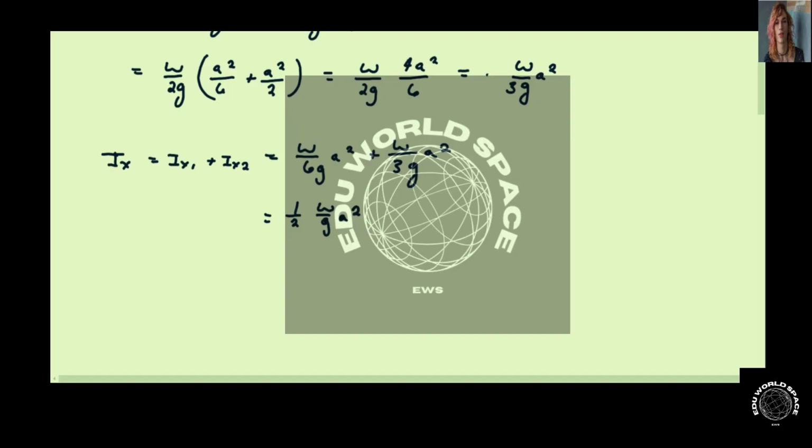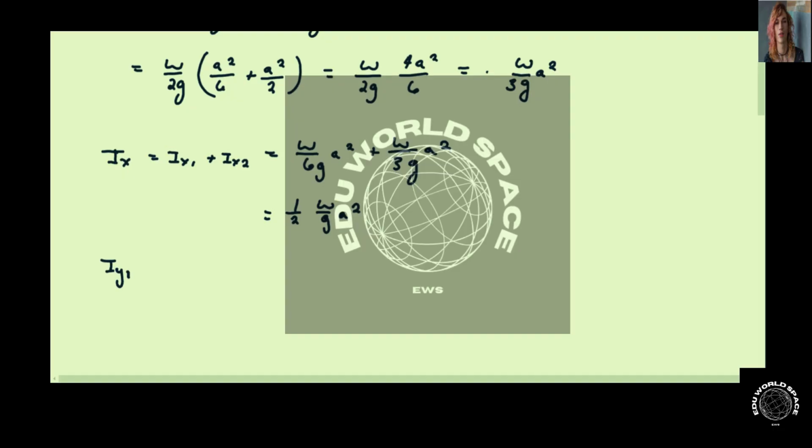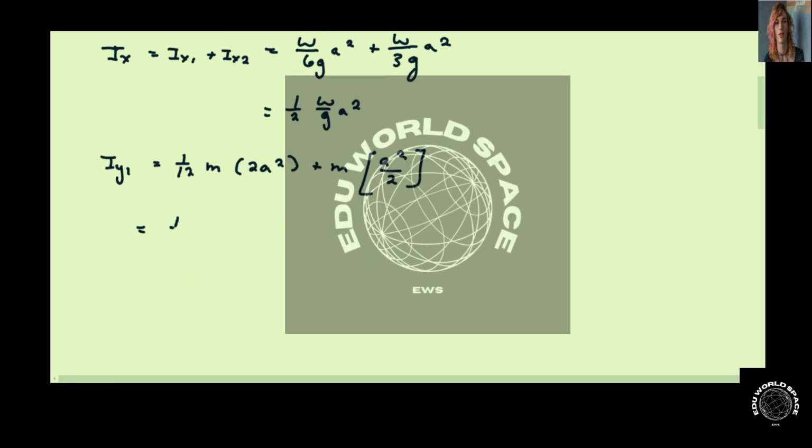And we're going to do the same thing for your Iy1, which is going to be 1/12 m 2a squared plus m of a squared over 2. And from this, you can obviously tell that it's just going to be 1/3 W/g a squared. And your Iy2 is going to be slightly different. So we have 1/12 m a squared plus m a squared plus a squared over 2. Actually, we're just going to have this be a squared over 4.